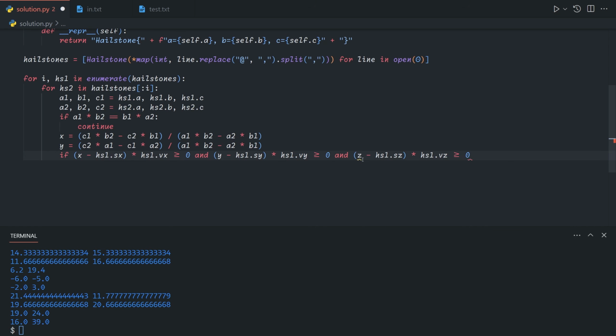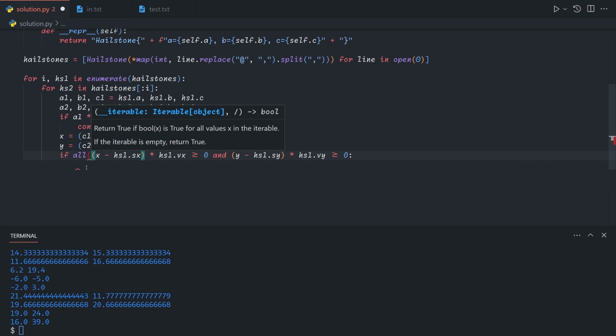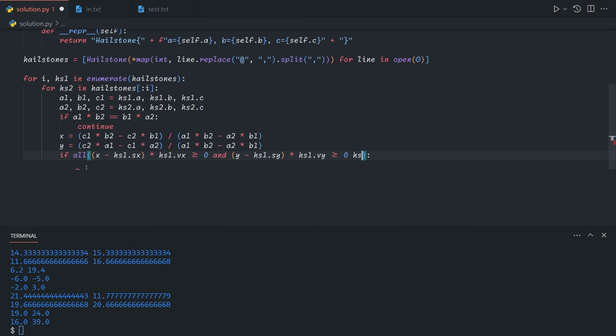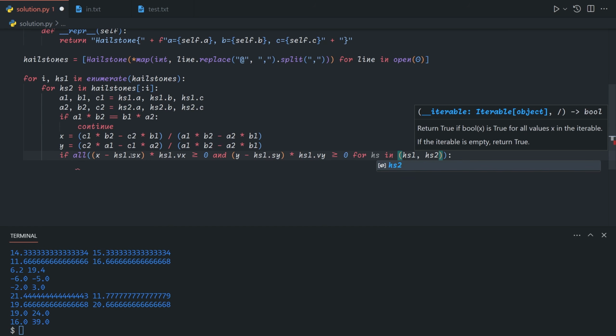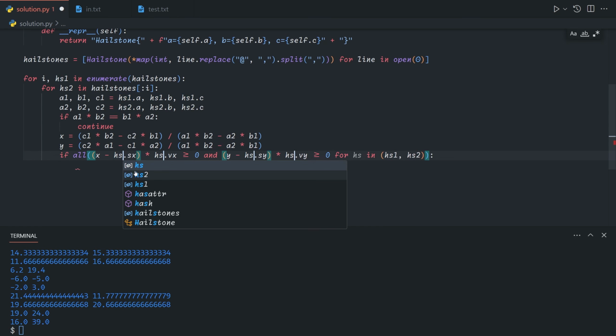Sorry, I forgot we're ignoring z. This also needs to be true for hs2, and so instead of copy pasting, we can just say if all, this is true for all hailstones. And then we can just replace this with hs. So now we say if for both hailstones it's in the future, then we'll increase the total by 1.